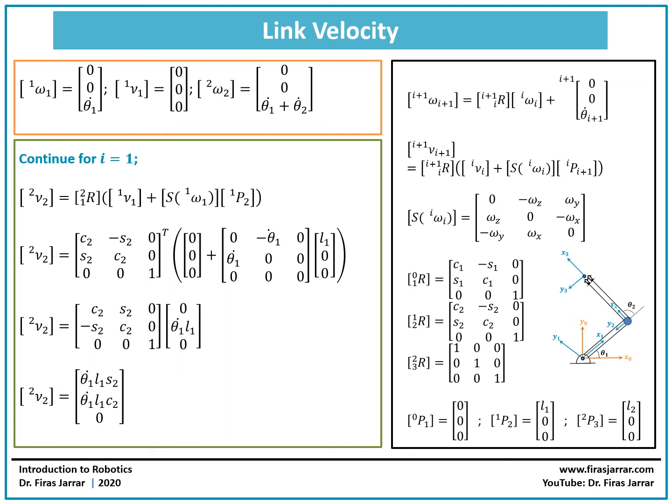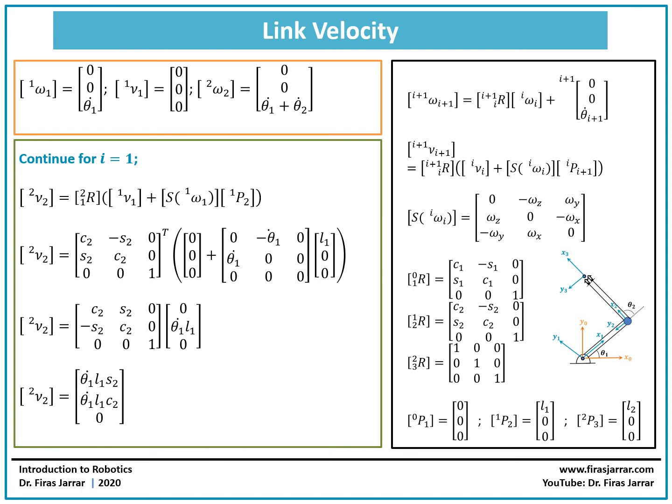All of this, when added to the 0 vector here, should then be pre-multiplied by this matrix. Again, because it's a rotation matrix, we have mapping, and we'll be mapping the results from frame 1 to frame 2, as represented by the superscript.